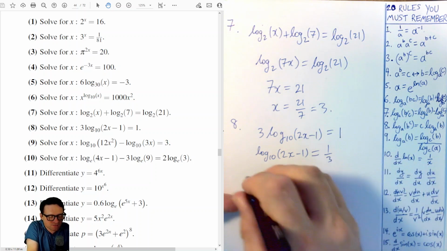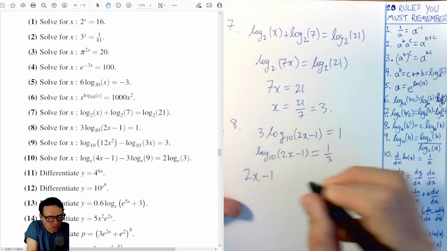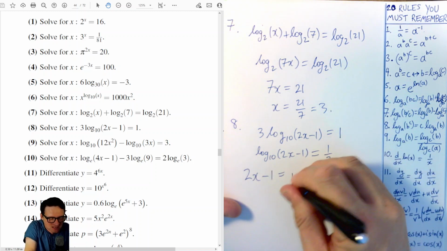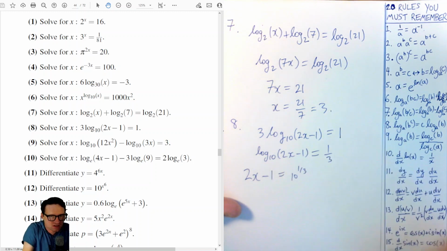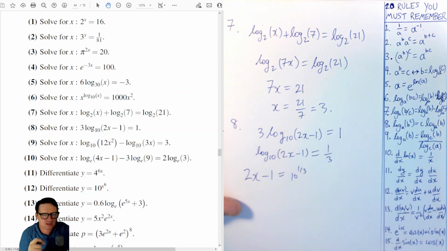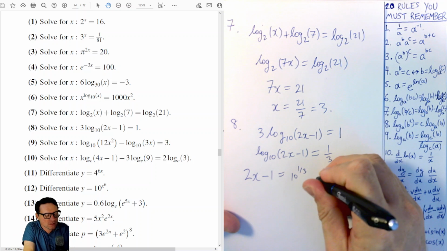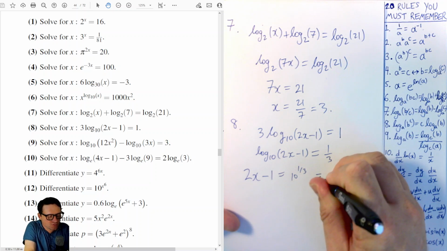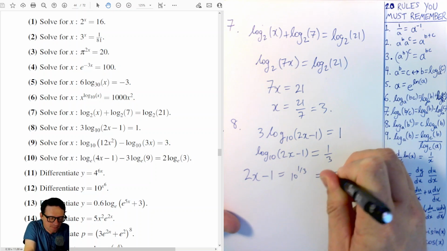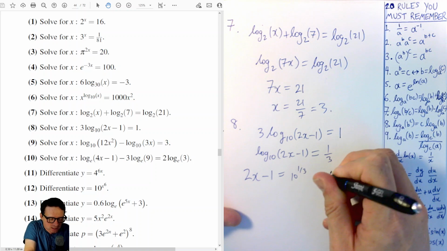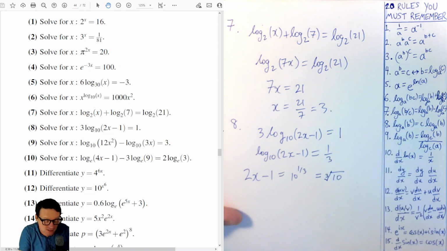So then we have 2x minus 1 is equal to 10 to the power of 1/3, and this is the cube root of 10. So you can put what looks like a square root, and then you just poke a 3 in the little crack. And so this refers to the cube root of 10.